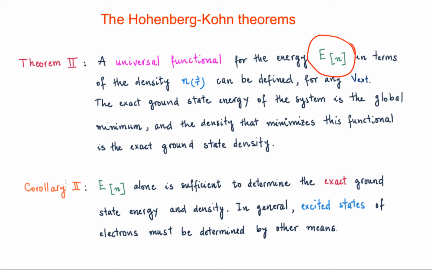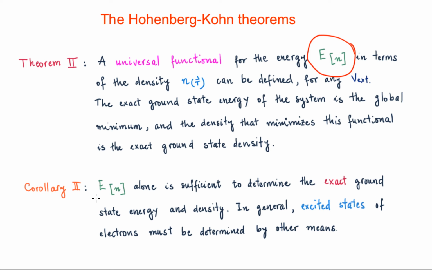The corollary of this second theorem says the following. This functional of the energy in terms of the electronic density alone is sufficient to determine the exact ground state energy and density. However, in general, excited states of electrons must be determined by other means.